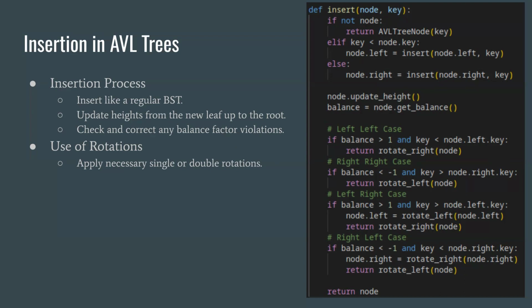If you find that there is a violation in a balance factor, you want to apply appropriate rotations. It can be either single or double, and they are performed to restore balance. This ensures that our tree remains efficient in terms of height and access times.